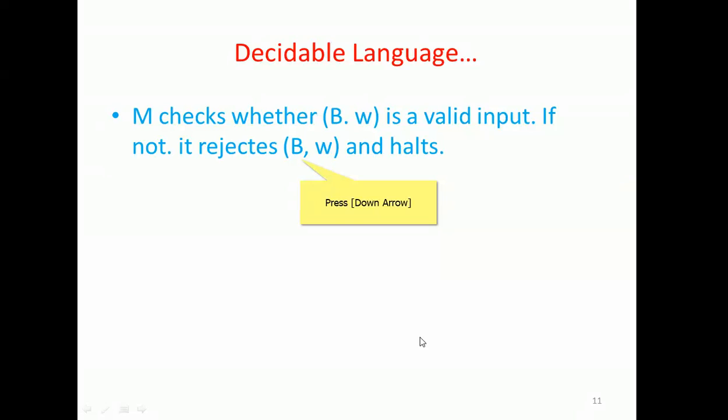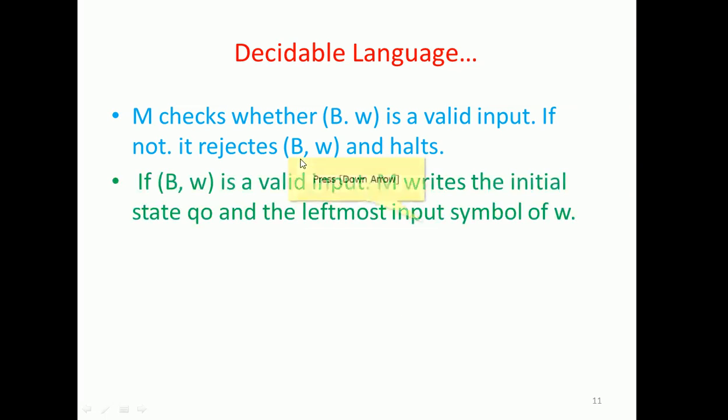Continuing this, the Turing machine model M checks whether B comma W is a valid input, where B is a machine that accepts the string W. If it is not valid, it rejects and halts.